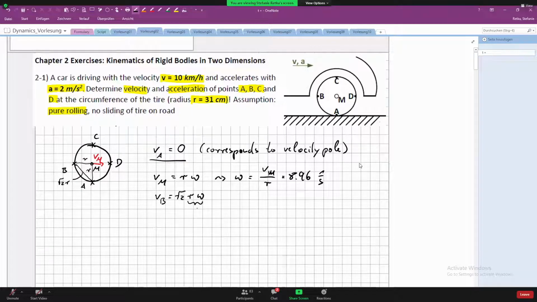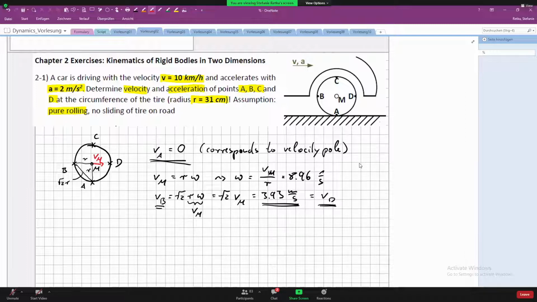R times omega is Vm, so it's square root of 2 times Vm. And that's 3.93 meters per second. And due to symmetry, that's also the velocity for point D. The same distance between the points D and A, so this is also Vd.